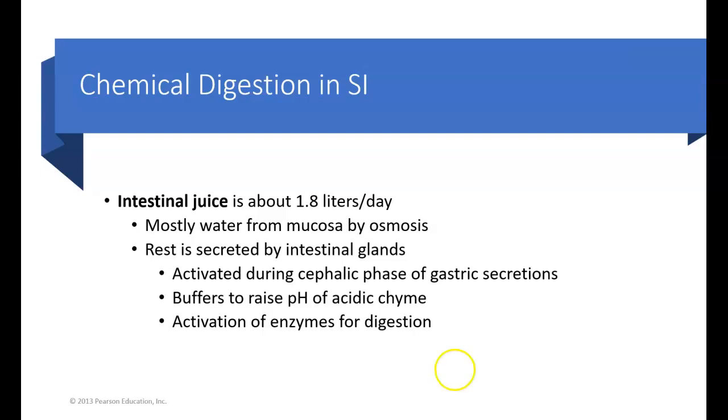Like I mentioned earlier, it's considered a buffer because it's basic. It's about 7.4 in its pH, so it helps bring the pH up, because remember that chyme is really, really acidic. And it is the activation of enzymes for digestion. So that intestinal juice will activate the rest of the enzymes needed for digestion.